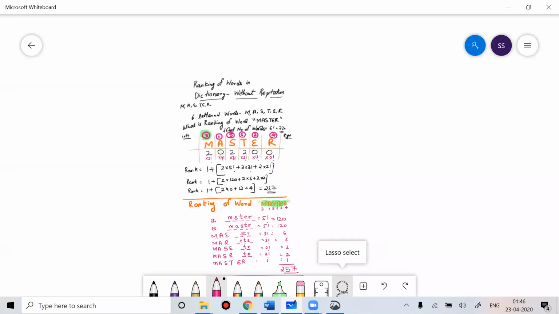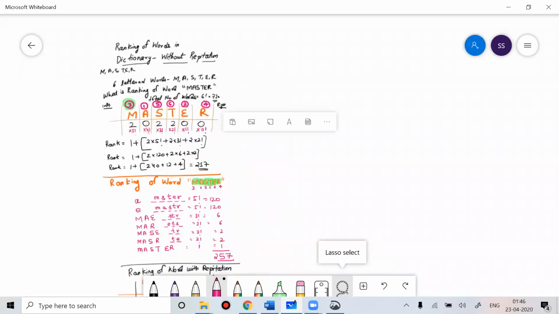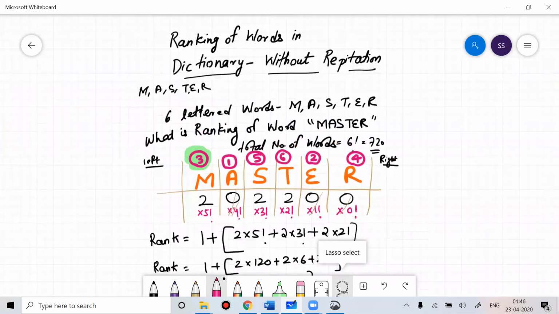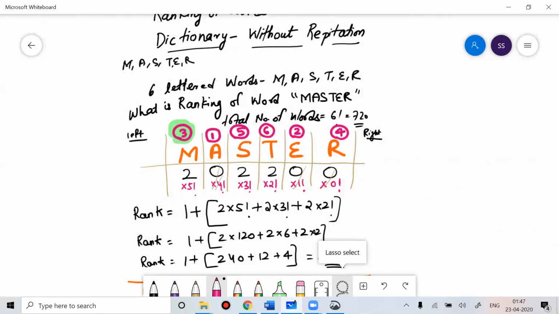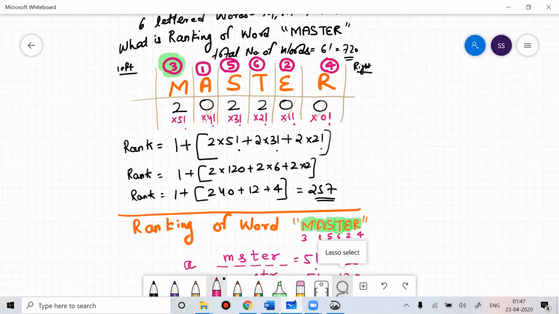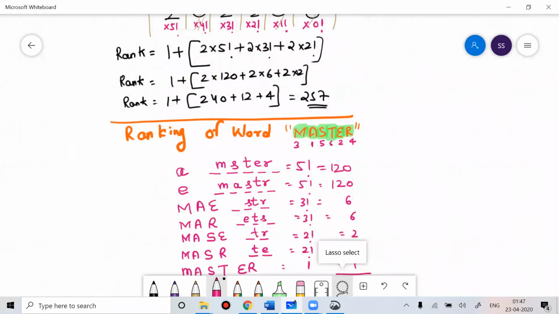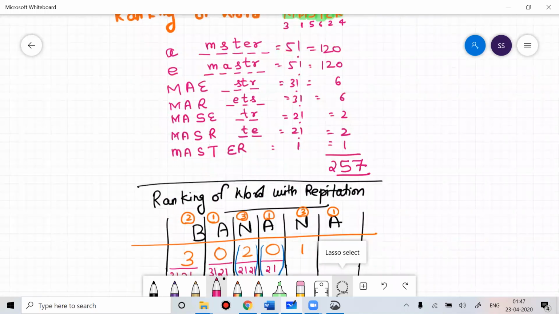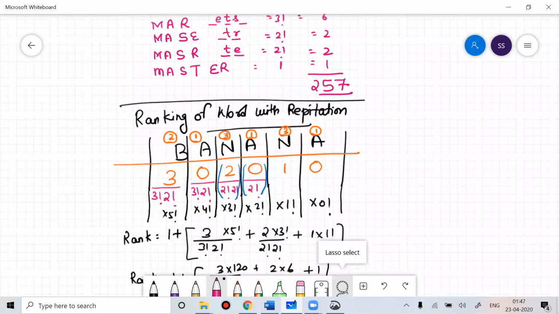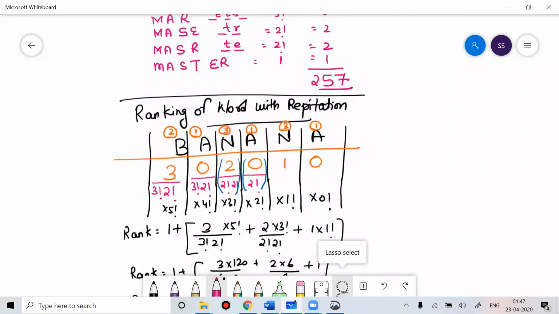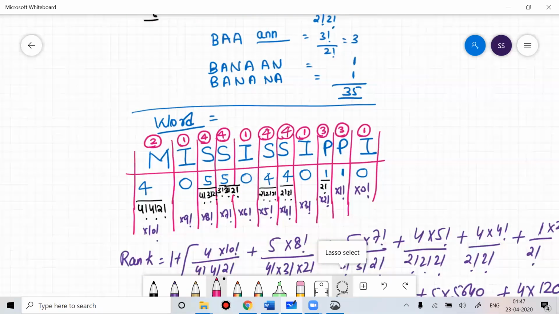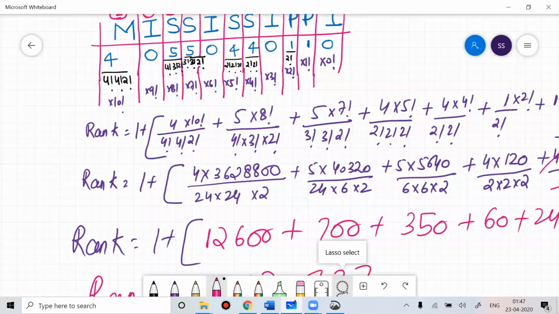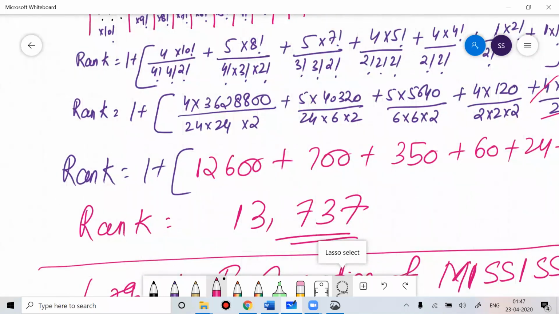So what we have done, guys, in this session, we talked about ranking a word in dictionary. First I talked about without repetition, for that I took the word master. First I did a shortcut way, then the logical way. Then I took an example with repetition, the word banana, shortcut way and then logical explanation. Then I took MISSIPP and got the rank 13,737 by the shortcut way, and then I did the logical explanation.